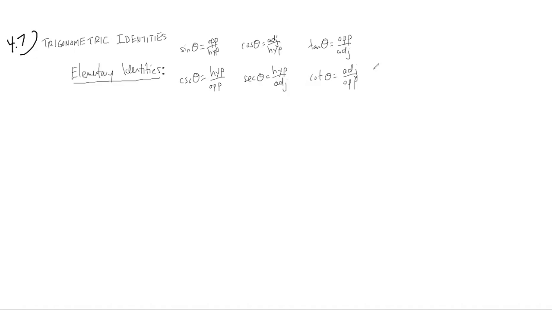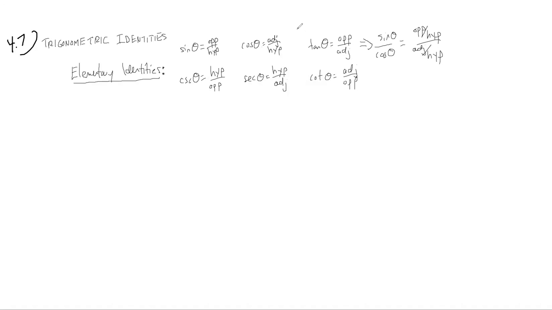So for tan, for example, we have that tan is opposite over adjacent, and if we have a look at sine over cosine, so if I do sine theta over cos theta, I've already got those ratios there. Sine is opposite over hypotenuse, and cos is adjacent over hypotenuse.